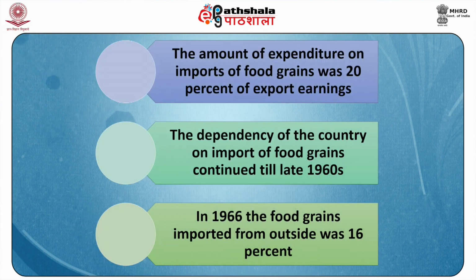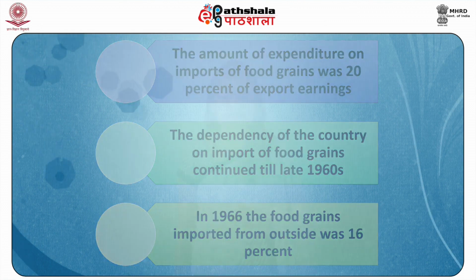The amount of expenditure on imports of food grains was 20% of export earnings. The dependency of the country on import of food grains continued till the late 1960s. In 1966, the food grains imported from outside was 16%.